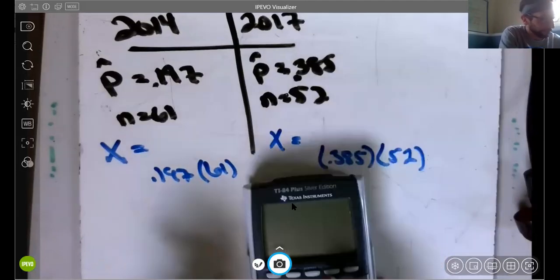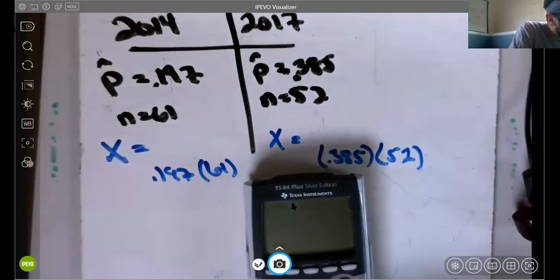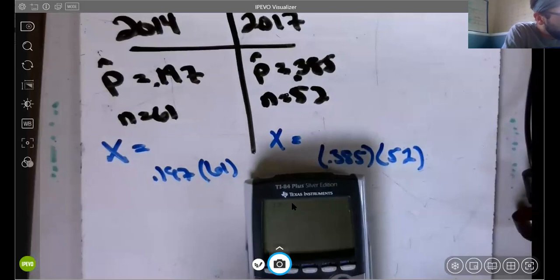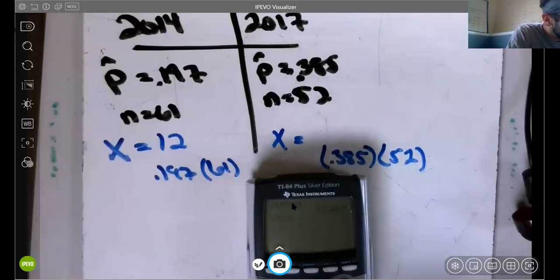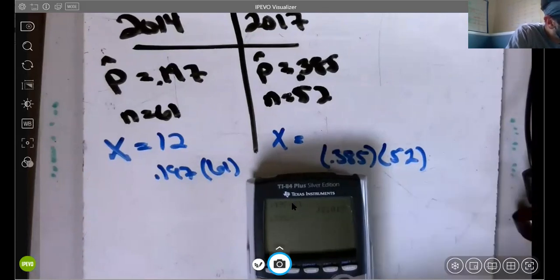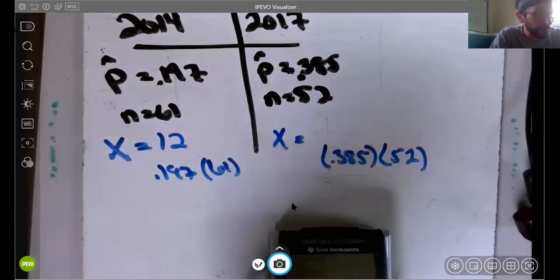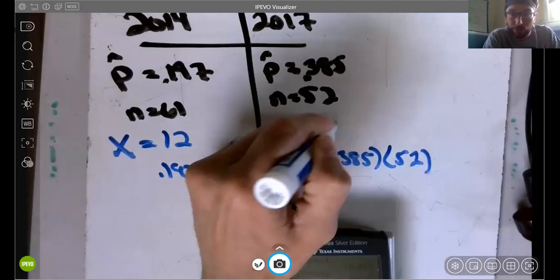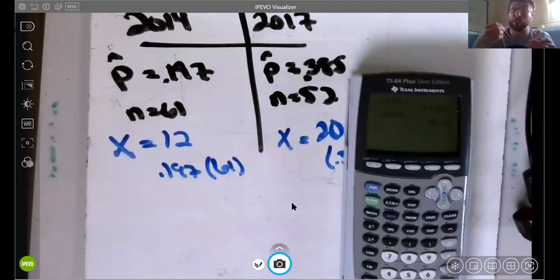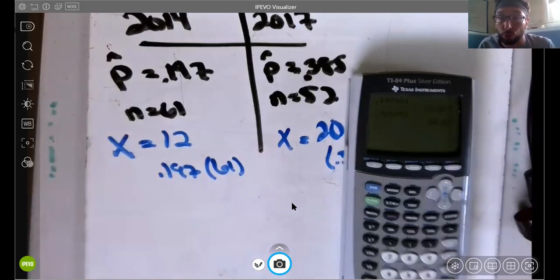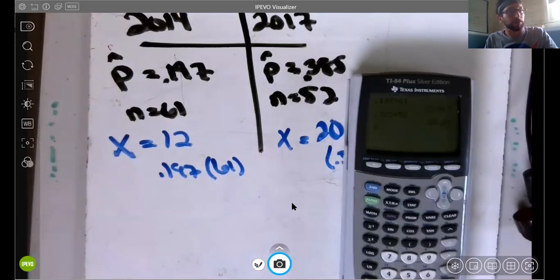If we do that, 0.197 times 61 gives us 12, and over here, 0.385 times 52 gives us 20. Remember that we have to round our X values to a whole number, because X represents the number of plants that were resistant. You can't have 20.02 plants being resistant.